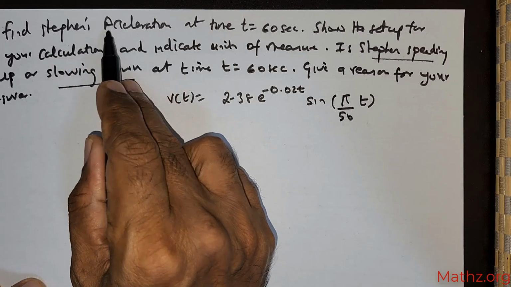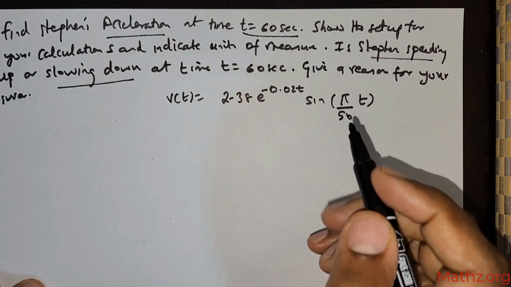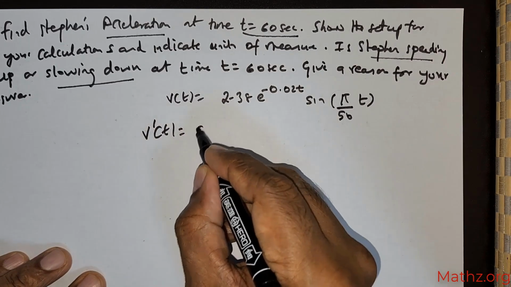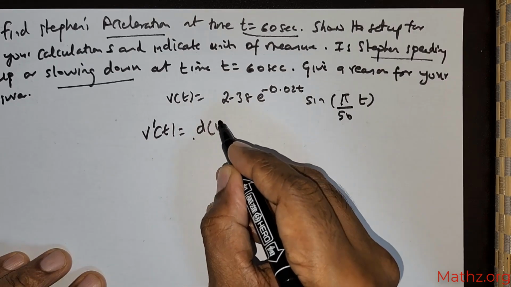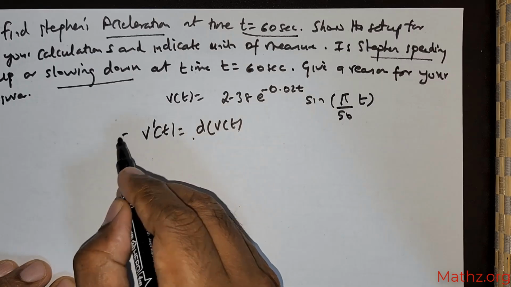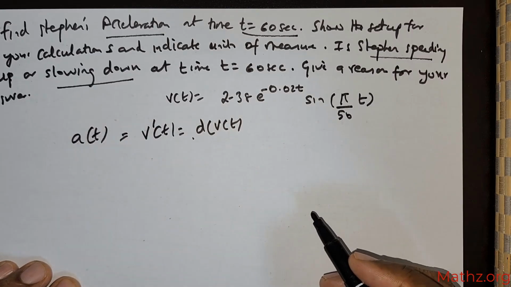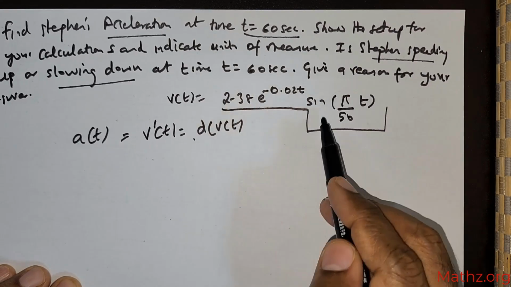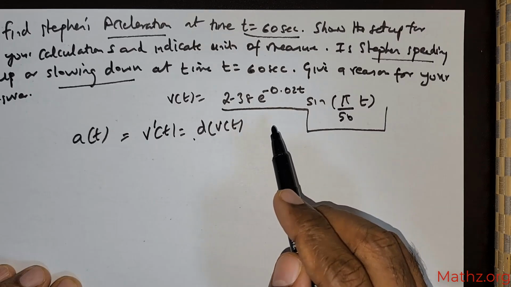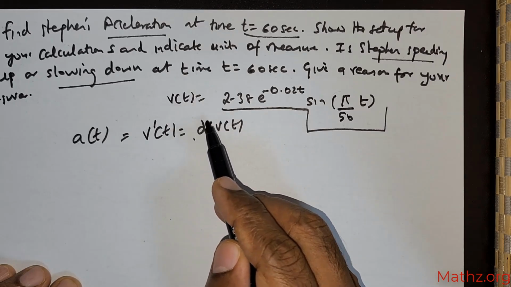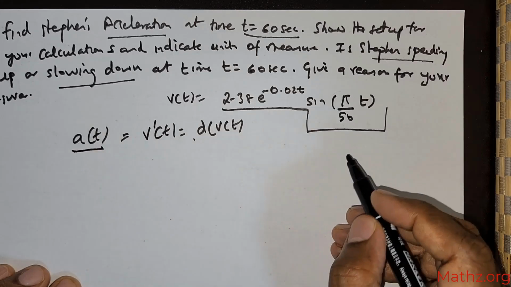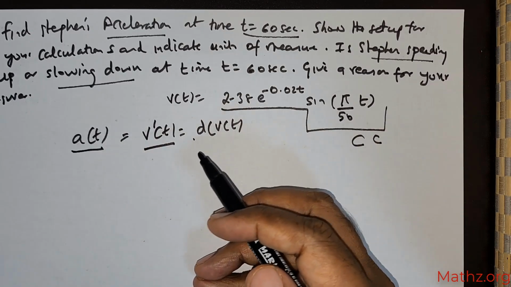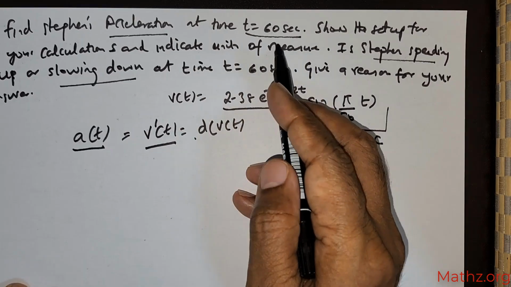Now foremost, we are expected to find Stephen's acceleration at time t is equal to 60 seconds, right? So to get acceleration, what do we do? We differentiate the velocity. Okay, so this is going to be the acceleration. Now you can directly key in this expression with the differential operator, because you need to get acceleration, into a computing calculator which has the ability to compute the differential value at t is equal to 60 seconds.